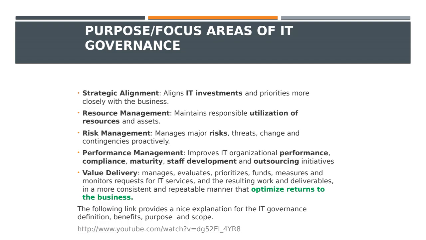Then resource management, proper utilization of resources, risk management, performance management, which is quality, and value delivery, to optimize return on business investment. You can also watch this YouTube video. It's useful. You can do it in your activity time.